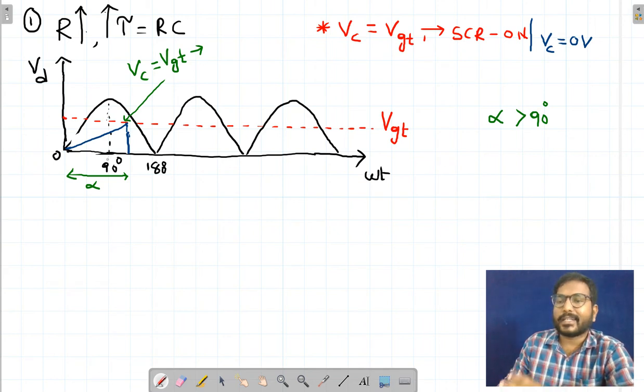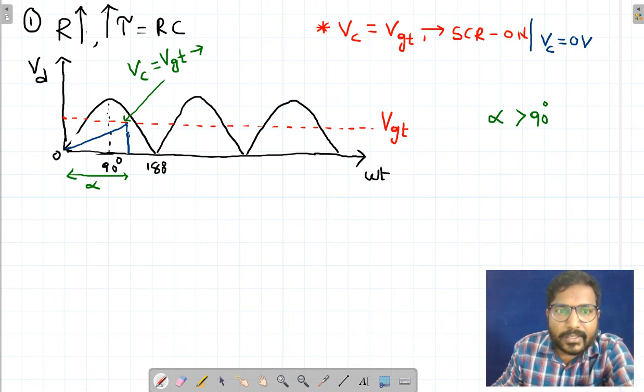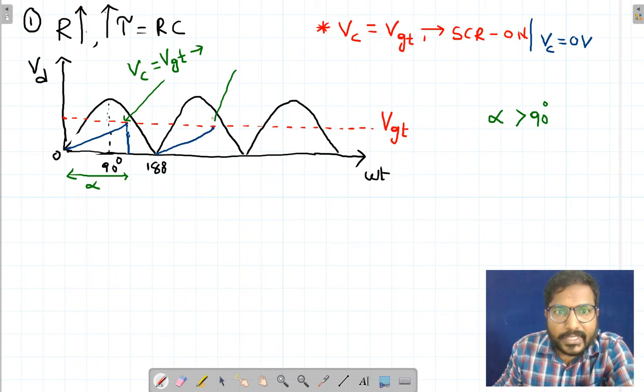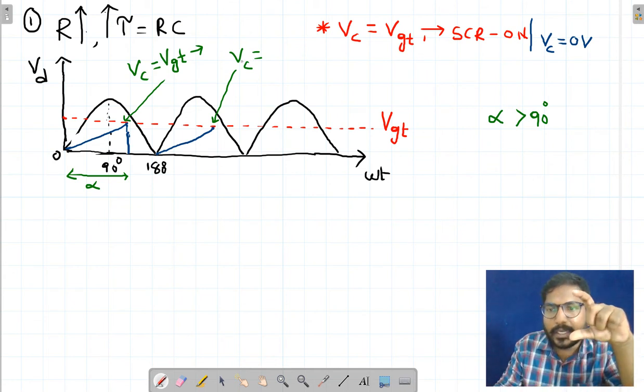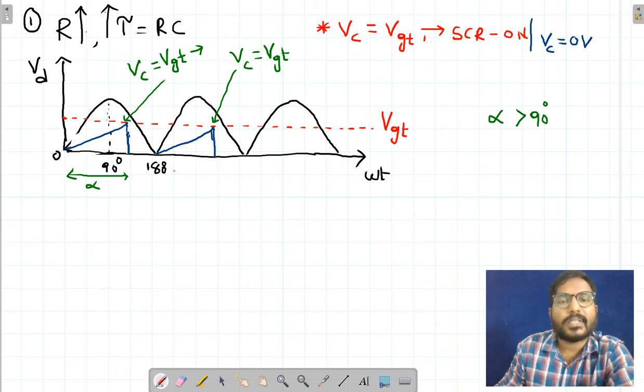The same process repeats in this cycle also: the capacitor starts charging from here, and at an instant greater than 90, Vc, the capacitor charging voltage across the gate and cathode, equals VGT. At this instant the SCR is turned on.